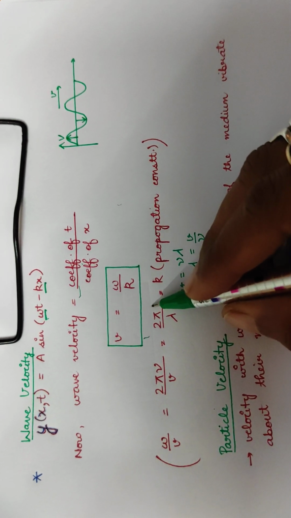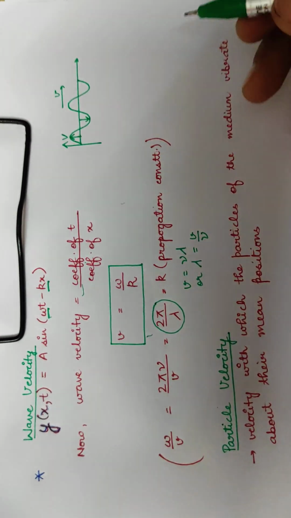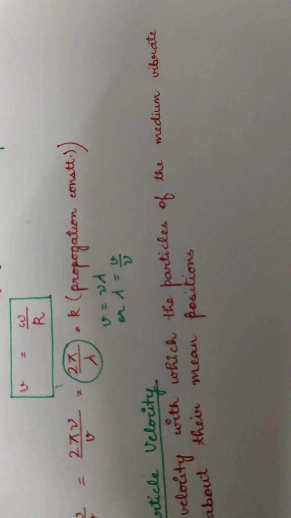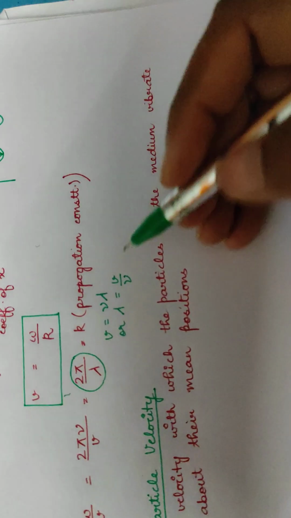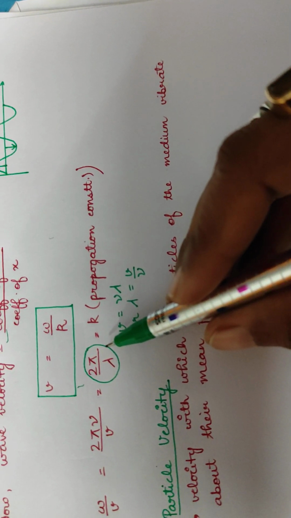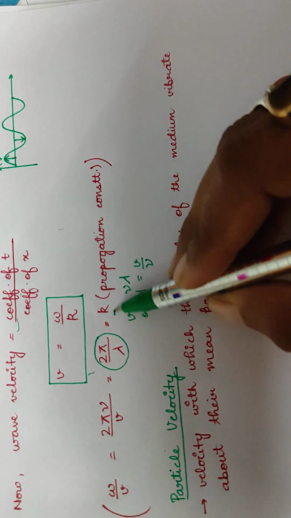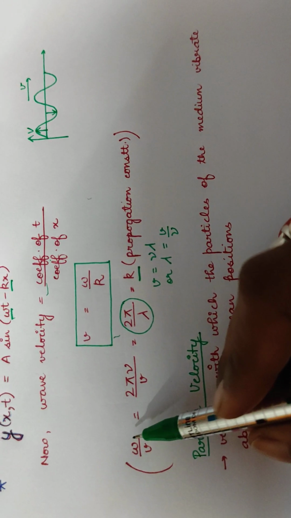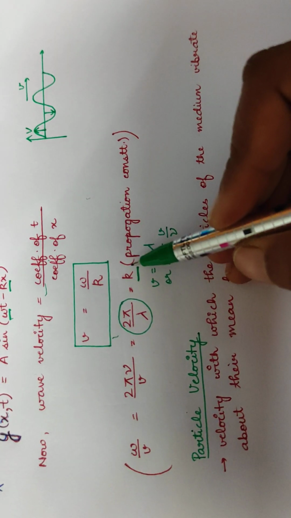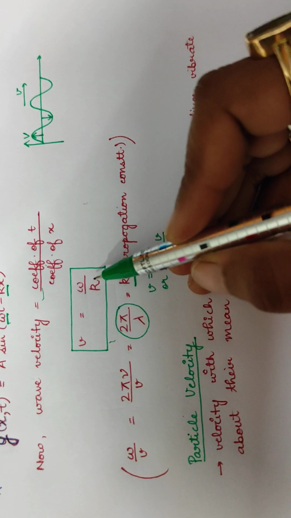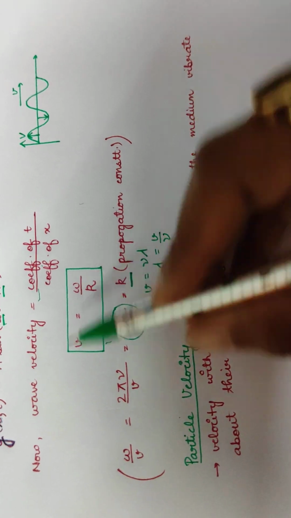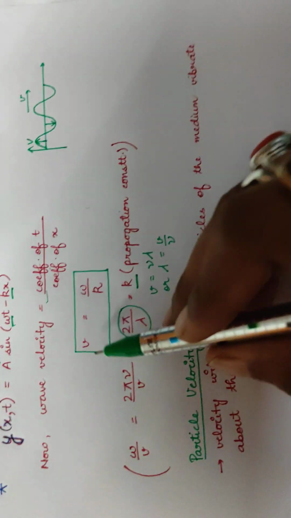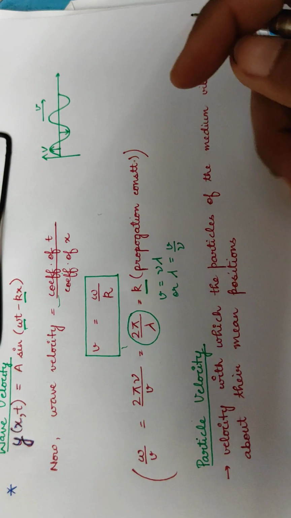And if you remember, I told you that this quantity represents the angular wave number or propagation constant k. So from here we have derived that omega by v is equal to k, which on rearranging gives the equation v is equal to omega by k. So in this way you can find out the wave velocity.